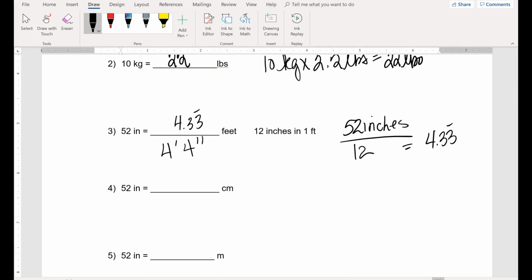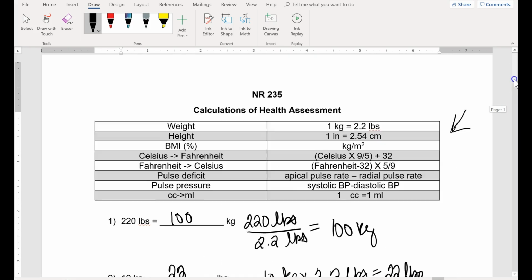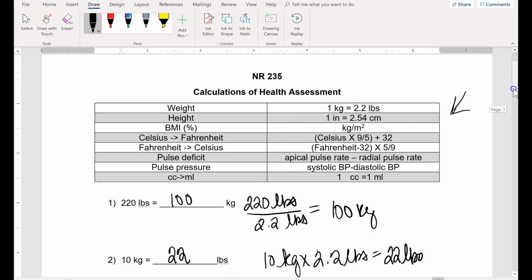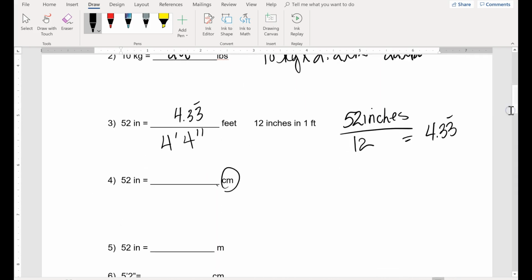So now what I'm asking here is 52 inches is how many centimeters, okay? So for our centimeters, up here we have 1 inch equals 2.54 centimeters. Okay, I'm just going to bring this down here for you.